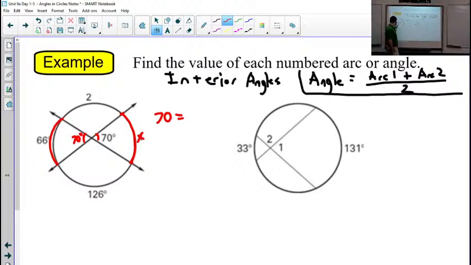My first arc over here is 66. And then my second arc over here, I don't know it. So we actually wind up with an equation. That happened because instead of solving for the angle, I already know the angle, so it goes on that left side. And this arc, which is what I don't know, ends up on the right side.